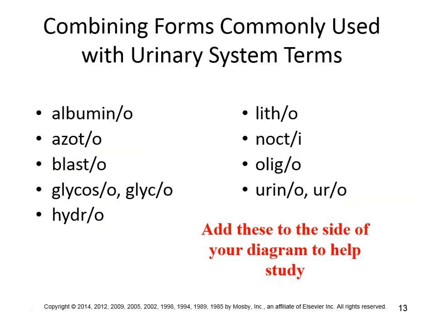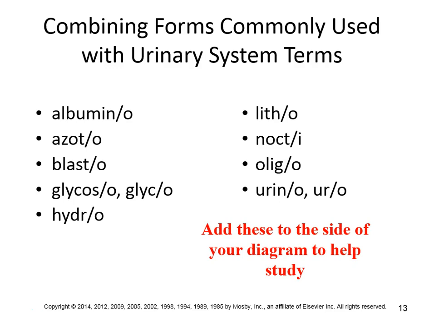All right, so now we're getting combining forms that are used with the urinary system but don't actually point to specific structures in the urinary system, and a lot of these go along with what is floating around in the blood thanks to digestion that needs to get filtered out. So we have albumino, which is for albumin, and I'll talk about that a little later.